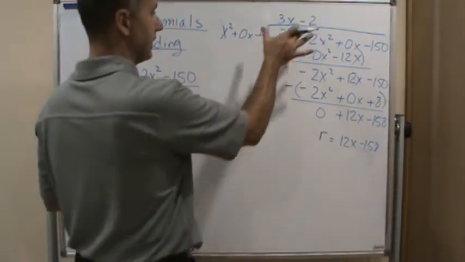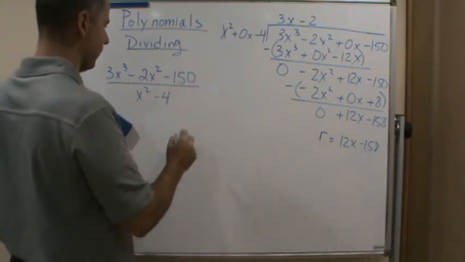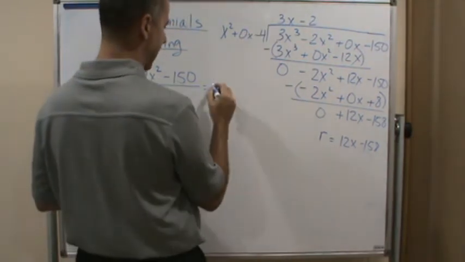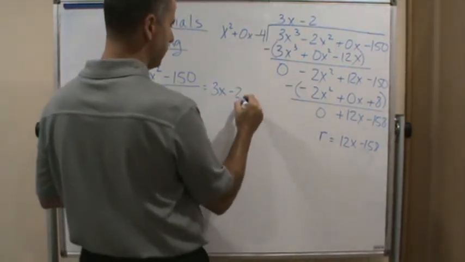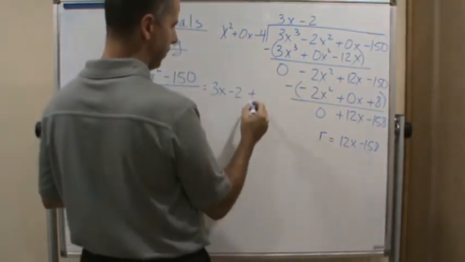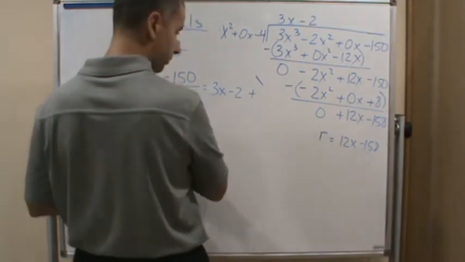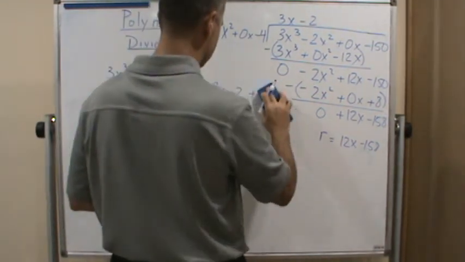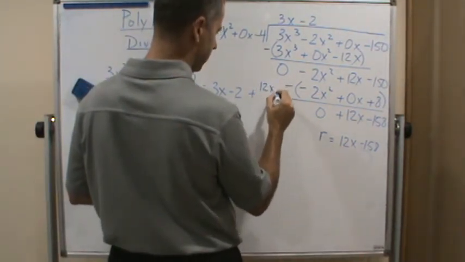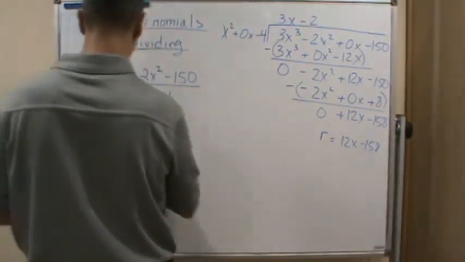And my quotient is this, 3x minus 2. So now I know how to write this. This division problem is equal to 3x minus 2 plus the remainder over the divisor. Now I'm going to drop the 0. Let me write it where I have more room.